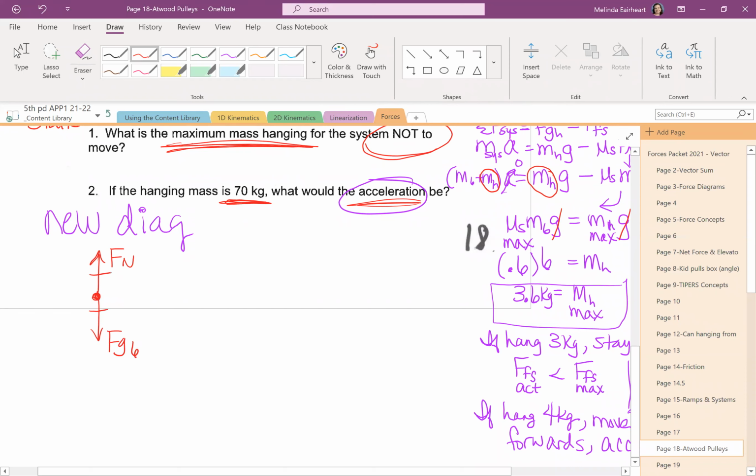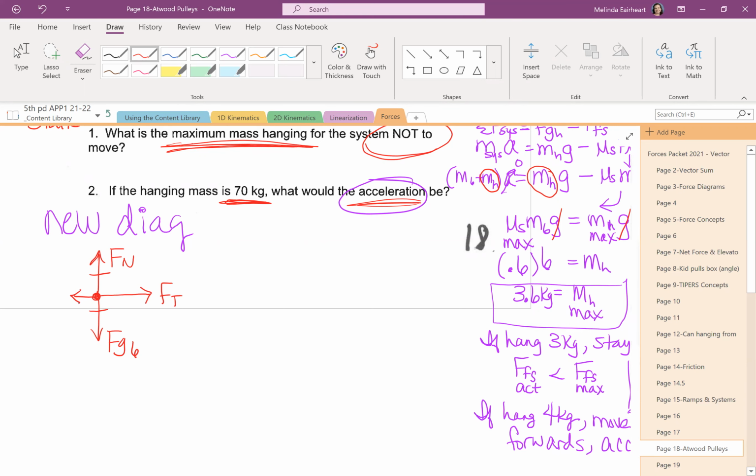Those are still equal. But now that it's accelerating forwards, which force has to be bigger? The tension is going to be bigger than your back force. And I'm no longer going to call it static friction.